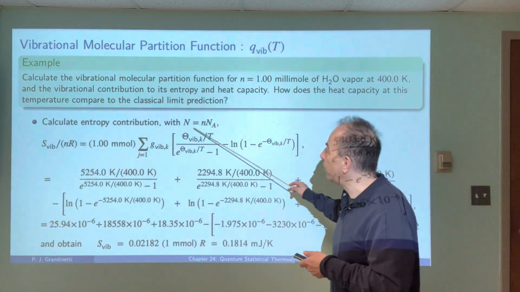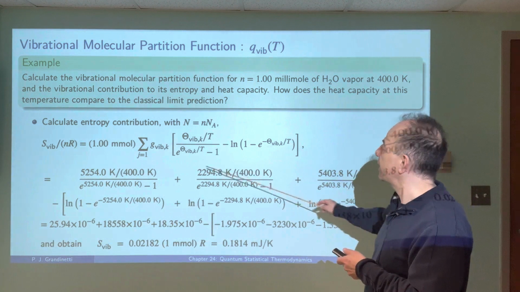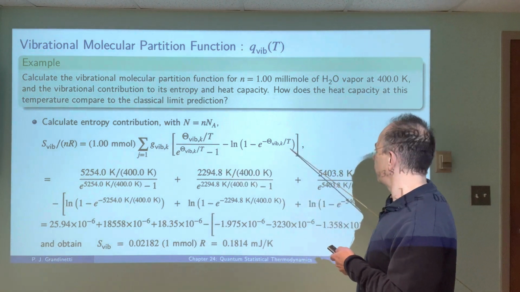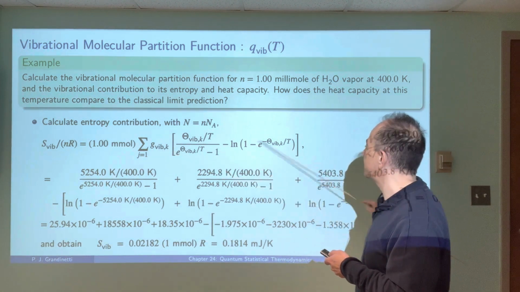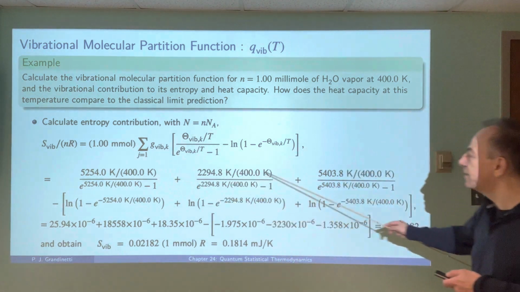If we then go to the entropy expression, we have this expression here where we can calculate with these degeneracies and the characteristic temperatures again. So I'm plugging those in to these expressions.